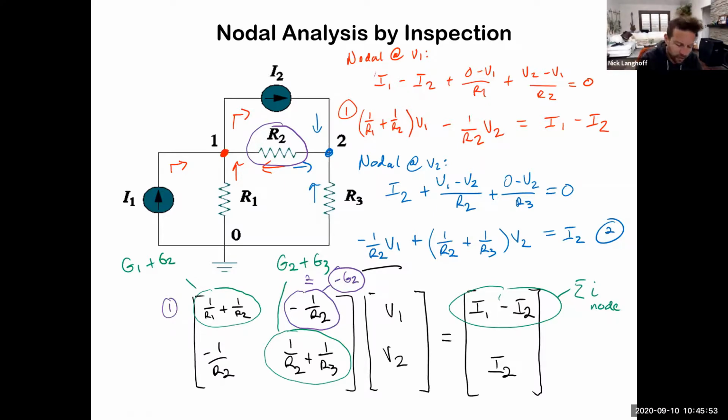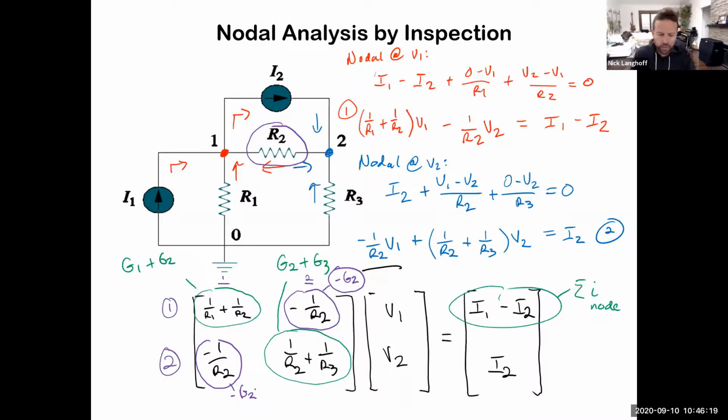You'll notice the same thing here, row 2 and column 1. Again, it's between node voltages 1 and 2, and the resistive path is, again, a negative G2. So it looks like we could populate this matrix without even doing any nodal equations.